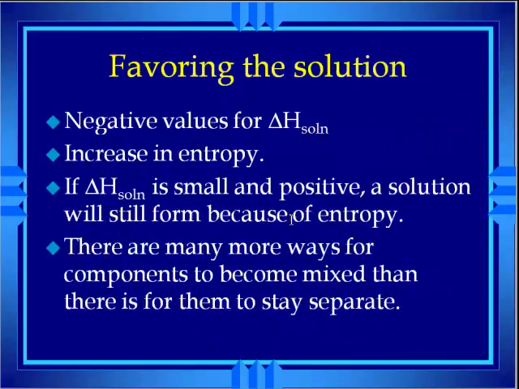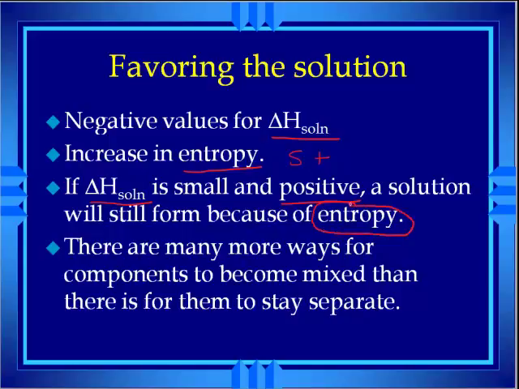So things that favor a solution being made are negative values for the heat of solution. If we get an increase in entropy, right? That means S would be positive. And it turns out that if the heat of solution is small and positive, which is not favorable, you could still get it to form because of this factor right here.